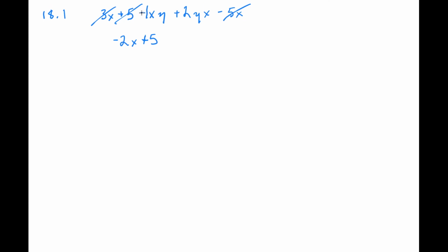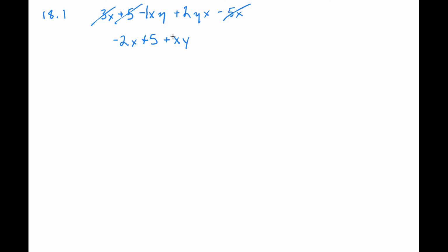What we need to do now is combine our constants, negative 1 and positive 2. That's going to be a positive 1. Now, when you write this, you can write it as positive 1 xy, or you can write it as xy.